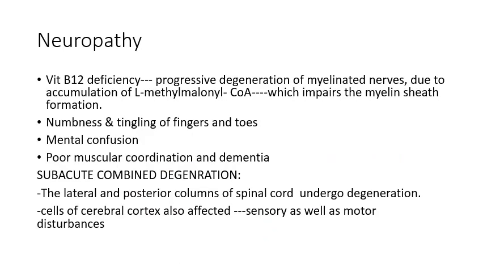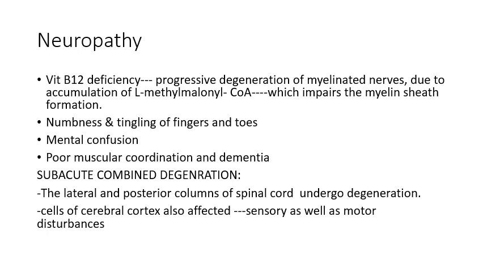The next deficiency manifestation is neuropathy. It is mainly due to progressive degeneration of myelinated nerves. How does this degeneration occur? It is due to accumulation of L-methylmalonyl coenzyme A. Remember its role: it is an intermediate in the conversion of propionyl coenzyme A to succinyl coenzyme A, by methylmalonyl coenzyme A isomerase or mutase, which requires B12.